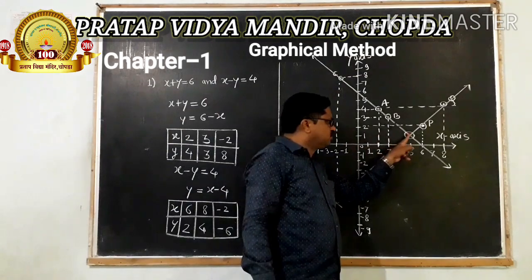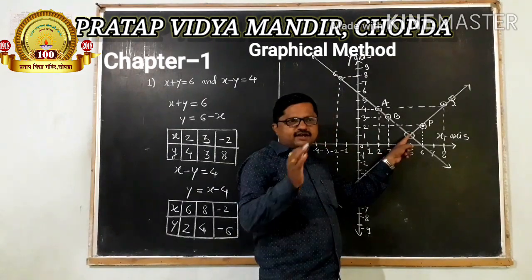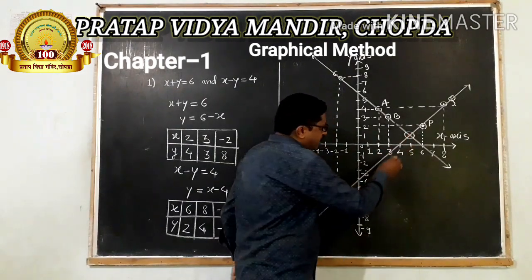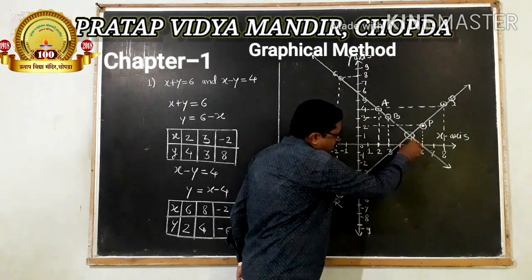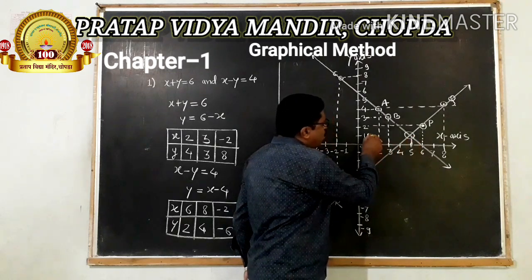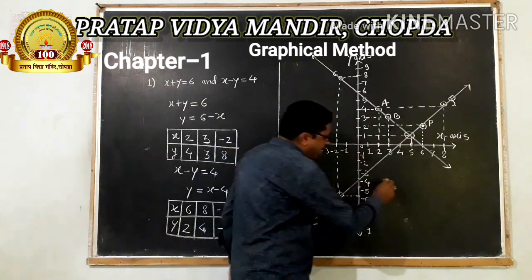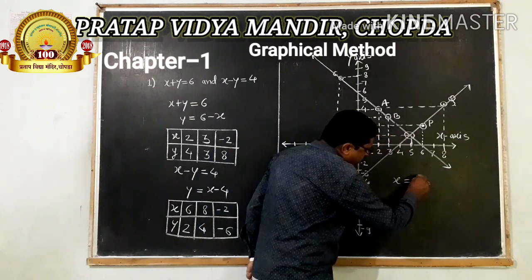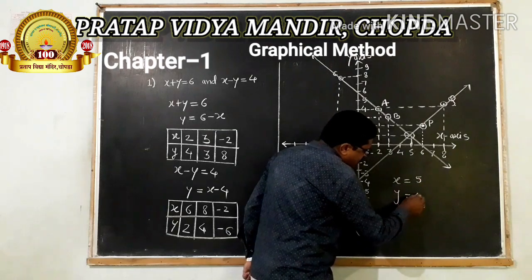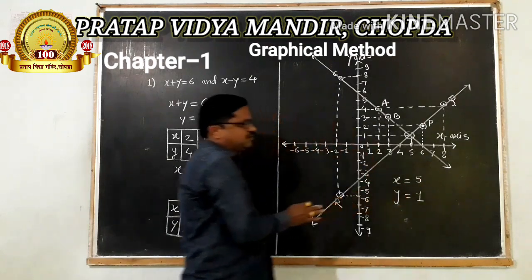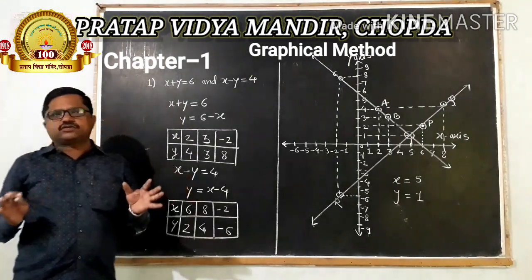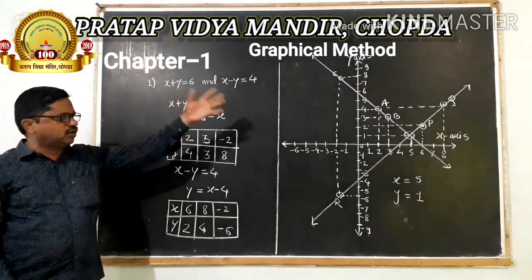If this is the point of intersection, you can clearly see on the board the x coordinate of this point is 5 and the y coordinate of this point is 1. These are the coordinates of the point of intersection of the two given lines.